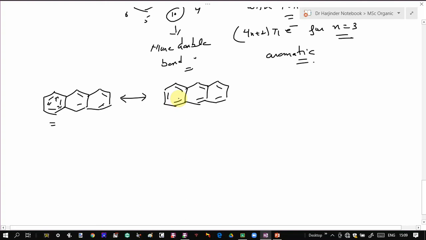Then in the next step, we rotate these double bonds on the outer side over this whole molecule. So this goes over here, this moves over here, this moves over here, and here, here, and here.